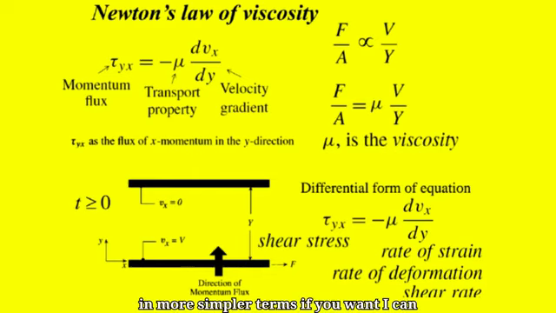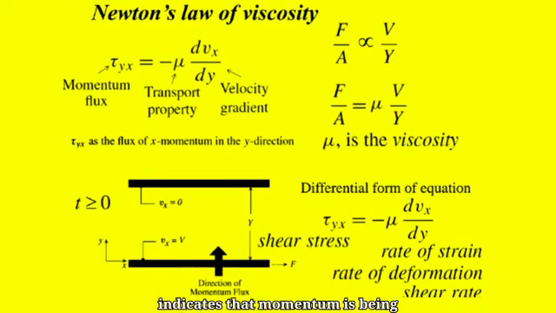In simpler terms, the faster the velocity changes from one layer to another, and the more viscous the fluid is, the higher the shear stress, the higher the value you will obtain for tau yx.